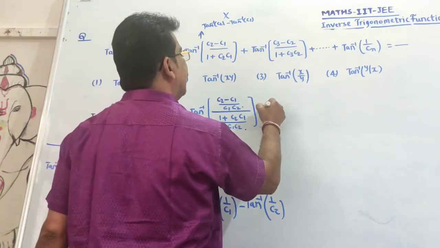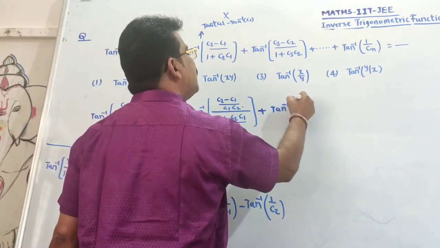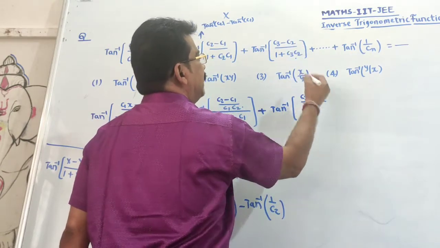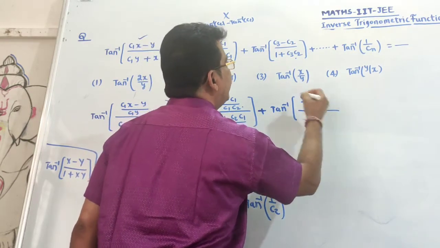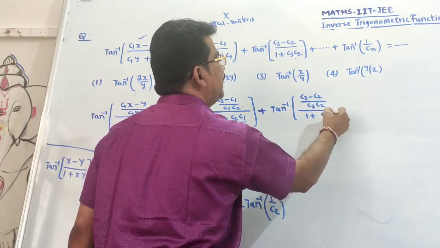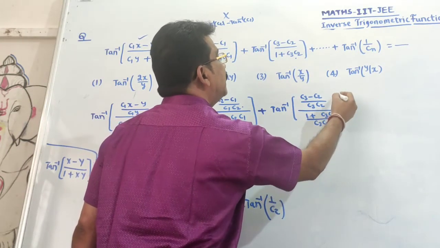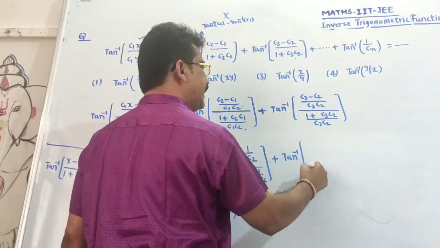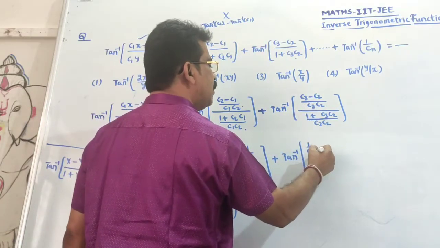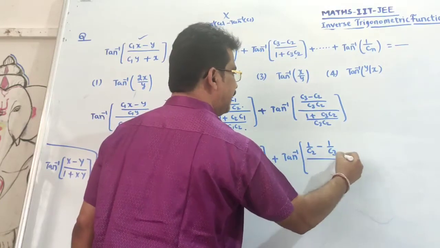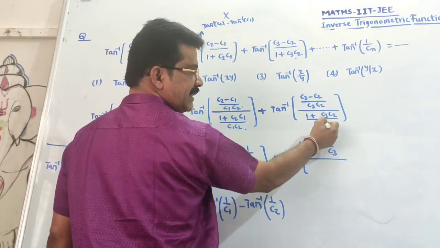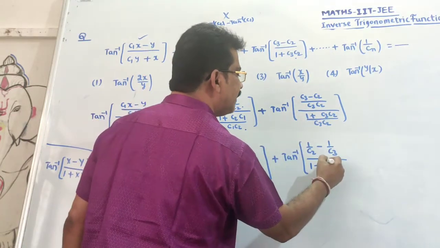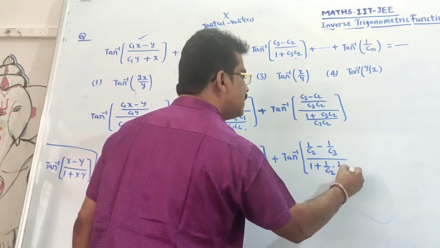Let us consider the third term: tan inverse of, similarly, (C3 minus C2) divided by C3 C2, whole divided by (1 plus C3 C2) divided by C3 C2. So, plus tan inverse of: it is 1 by C2 minus 1 by C3 divided by C3 C2, by C3 C2 gets cancelled, it remains only 1 divided by 1 by C3 C2, which means 1 by C2 into 1 by C3.